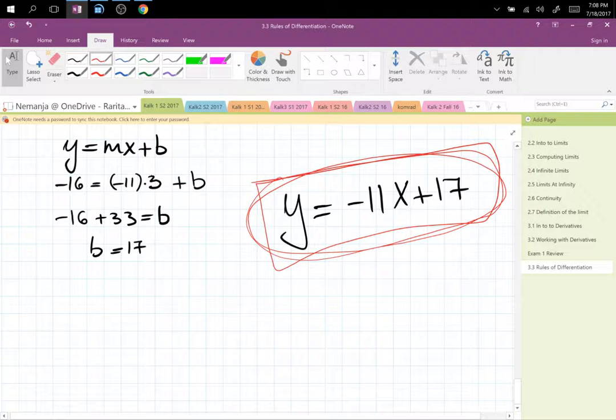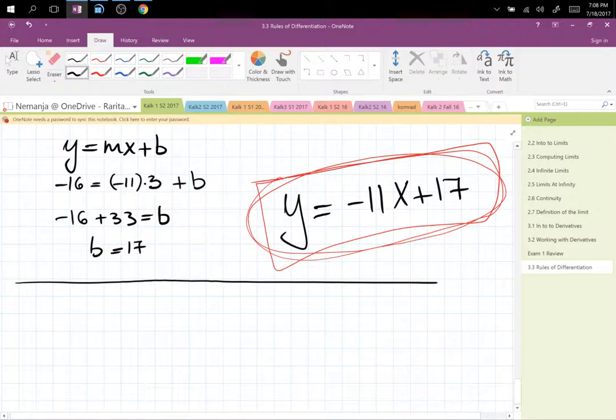The last part of this, actually, you know what, before we jump into the last part, which is higher order derivatives, let's take a look at one more tangent line problem. So find the tangent line. That's this TL question mark, means find the equation of the tangent line.